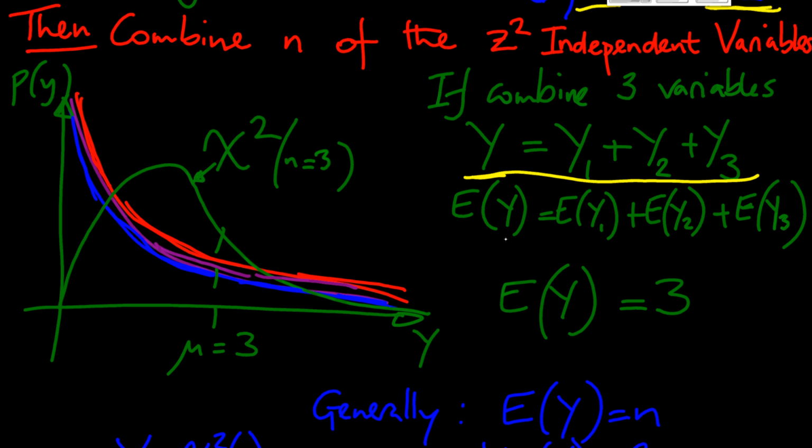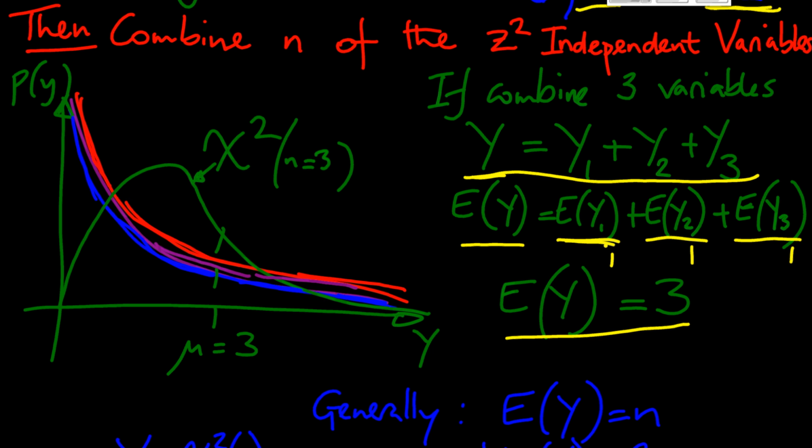Because these are independent, the expected value of our new distribution is going to be the expected value of our first one, y1, which we know is 1, plus the expected value of y2, which we know is 1, plus y3, that's 1.